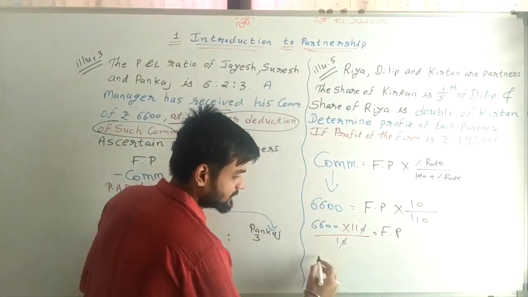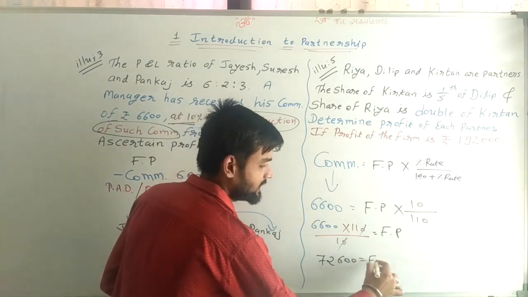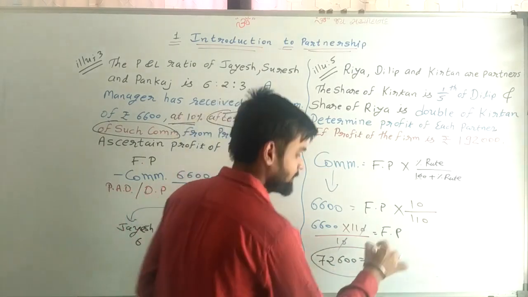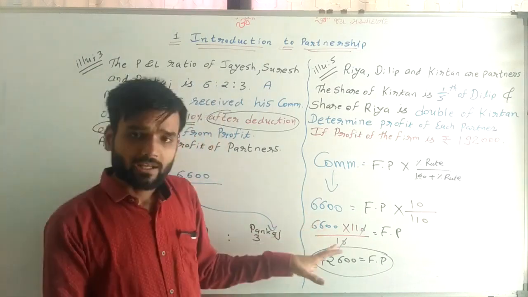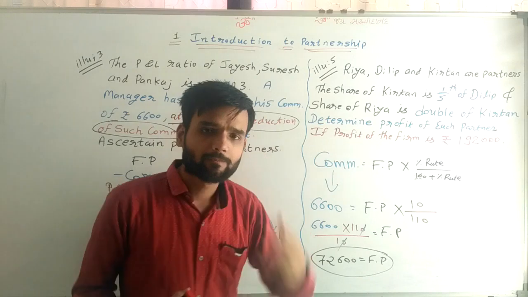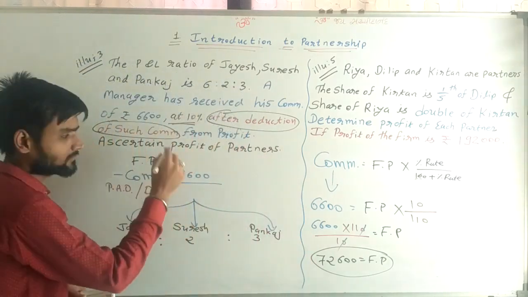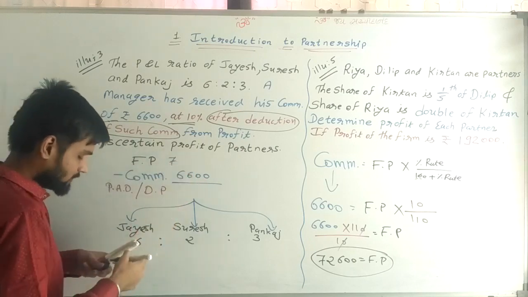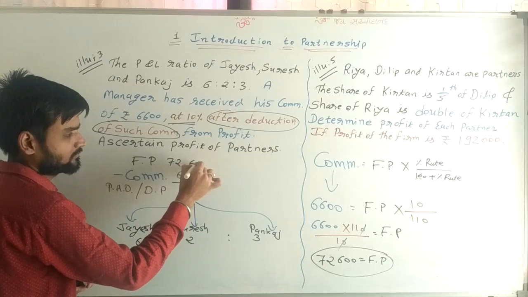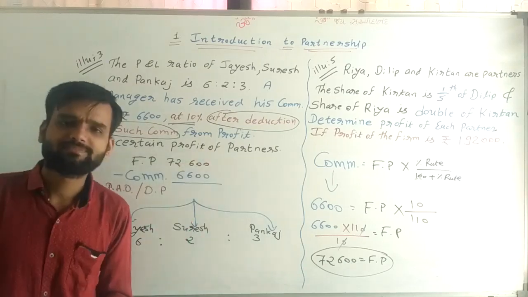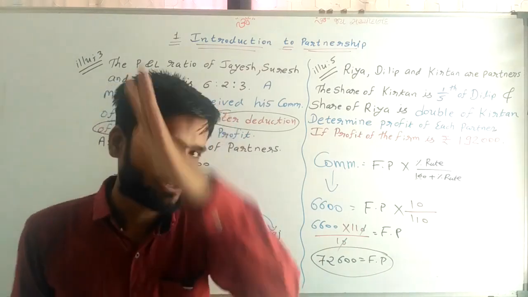So our answer is 72,600 rupees, which is my firm's profit. So in this way, I can directly find the firm profit, and that firm profit I can write here: 72,600 rupees. So it is my firm profit.